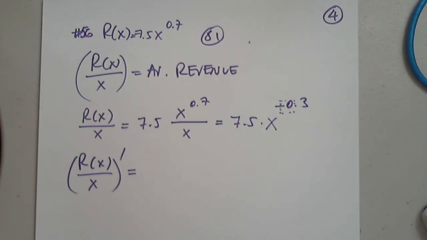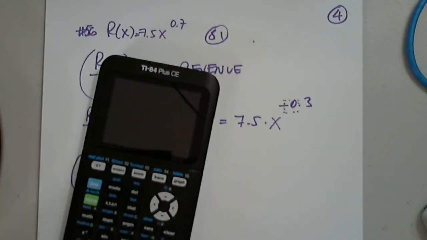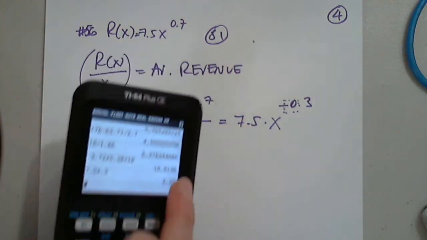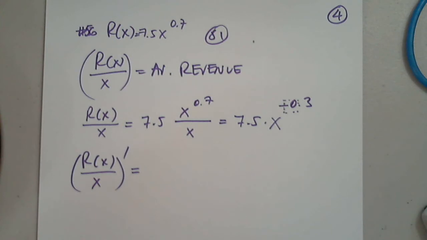Tyler? Wouldn't you bring down the exponent? Excellent. Multiply it. Yes, I have to do that. So I don't need to use a calculator, but 7.5 times 0.3, 2.25. Okay, so what do I write?